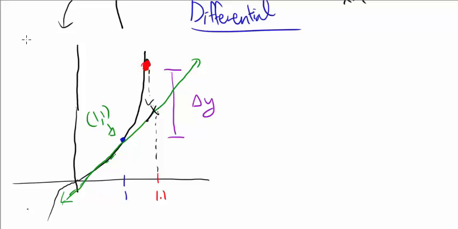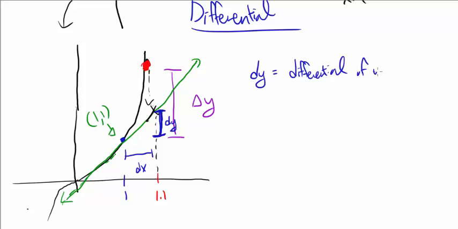So the estimate of change in y that we get from this tangent line approximation is this blue distance. And we call this blue distance dy. And we call the change in x dx, and that's all the differential is. dy is the differential of y, and dx is the differential of x.